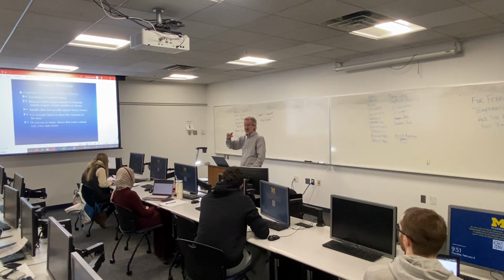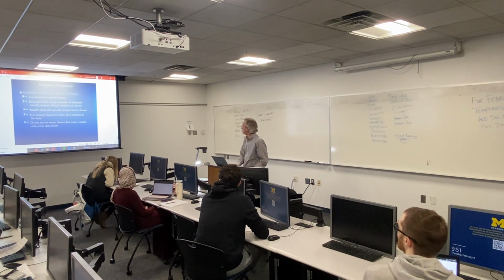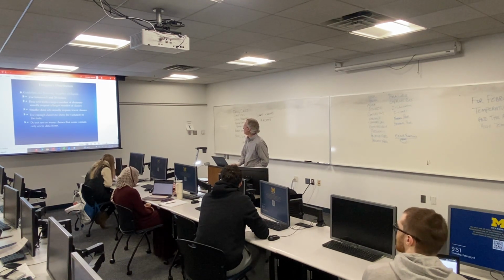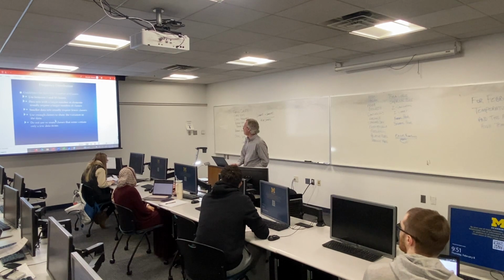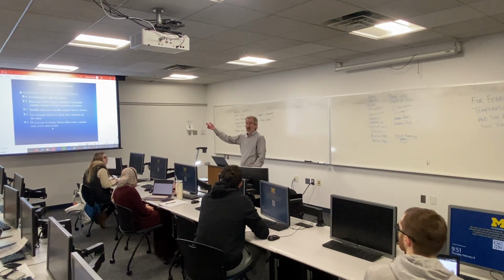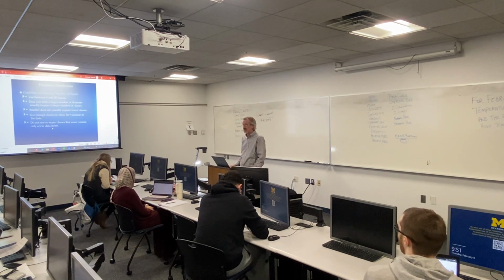And if you have classes with 0 pieces of data, you're using too many classes. That's the main indicator. Here it says, use enough classes to show a variation in the data. Do not use so many classes that some contain only a few data items. I'm saying if you have a class that has 0 pieces of data, you probably have spread the classes too far, and you have too many classes.